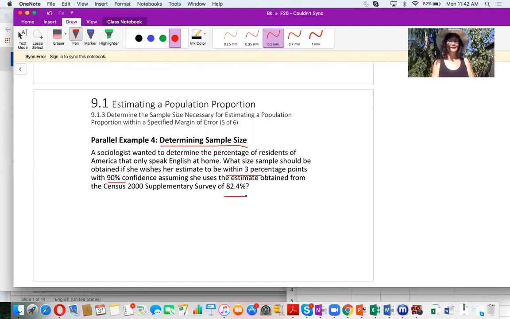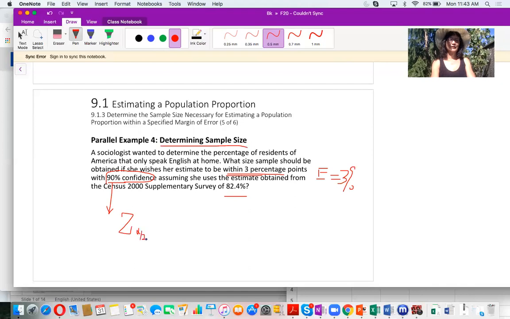So let's analyze the given numbers. Within 3 percentage points, that means margin of error E equal to 3%. 90% confidence means Z half alpha is given.